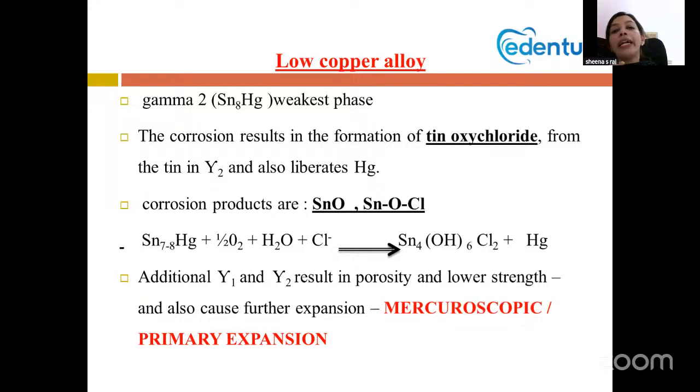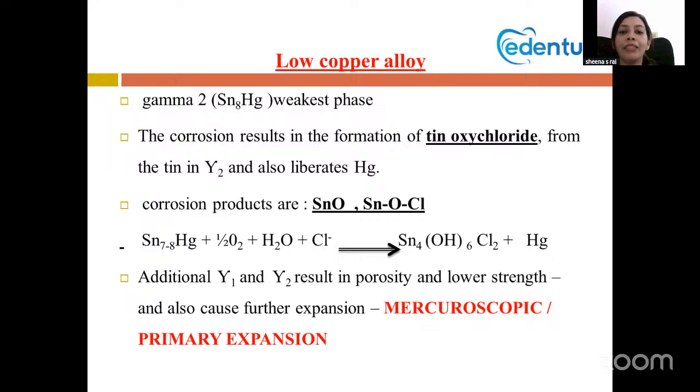Again, we know that in amalgam a large amount of corrosion products is seen. Why I added this slide is that a certain question has been asked about the corrosion product formed in the low copper alloy. We have already discussed that the weakest phase in a low copper alloy is the gamma 2 phase, that is Sn8Hg. It is the tin that makes the amalgam weakest.